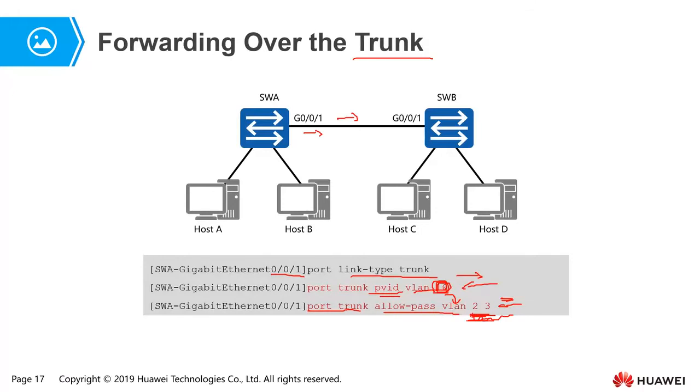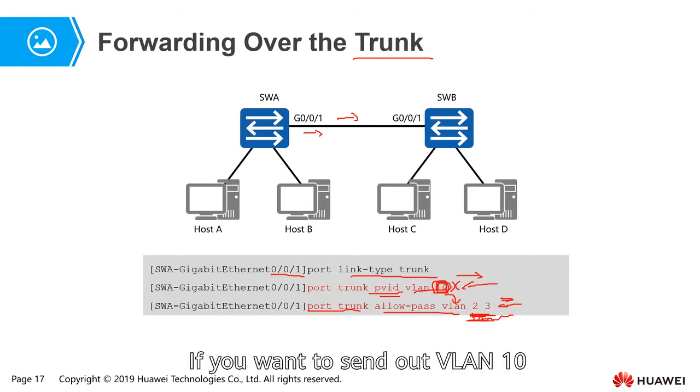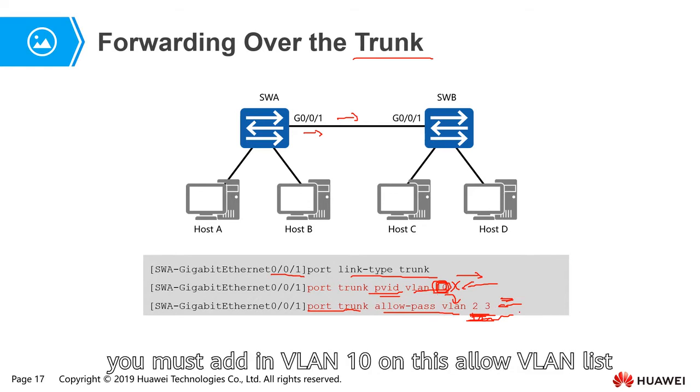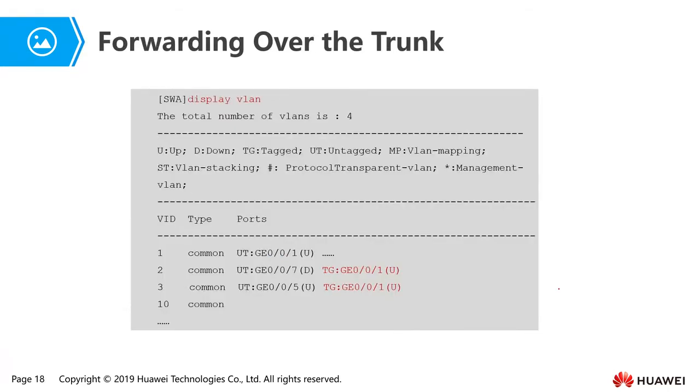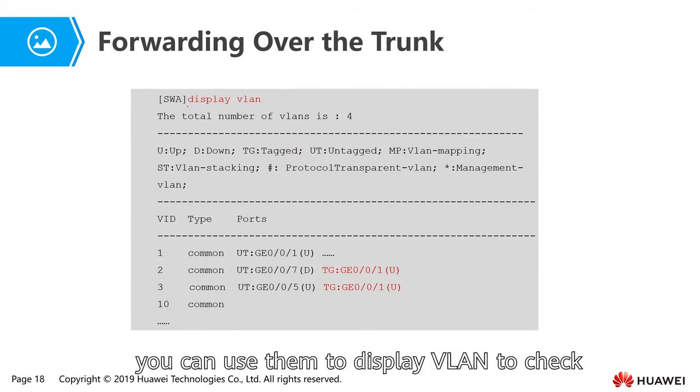If you want to send out VLAN 10, you must add VLAN 10 to the allowed VLAN list. After you configure the trunk, you can use display vlan to check.